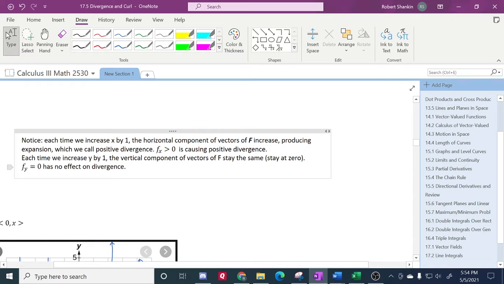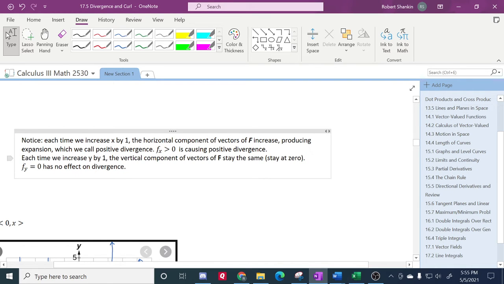Each time we increase y by 1, the vertical component of the vectors of F stays the same. They stay at 0. So the partial of g with respect to y equals 0.